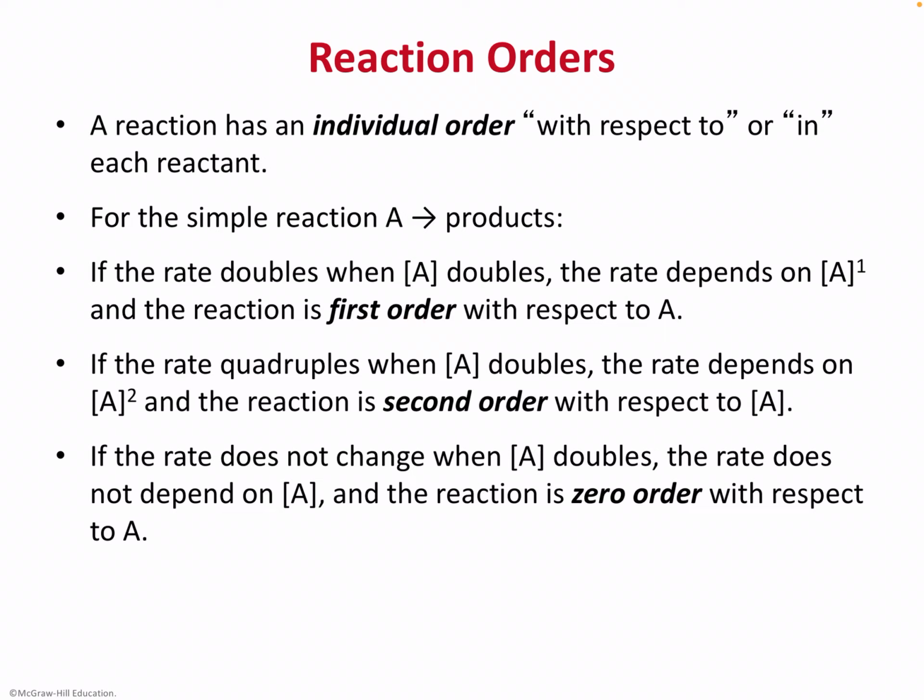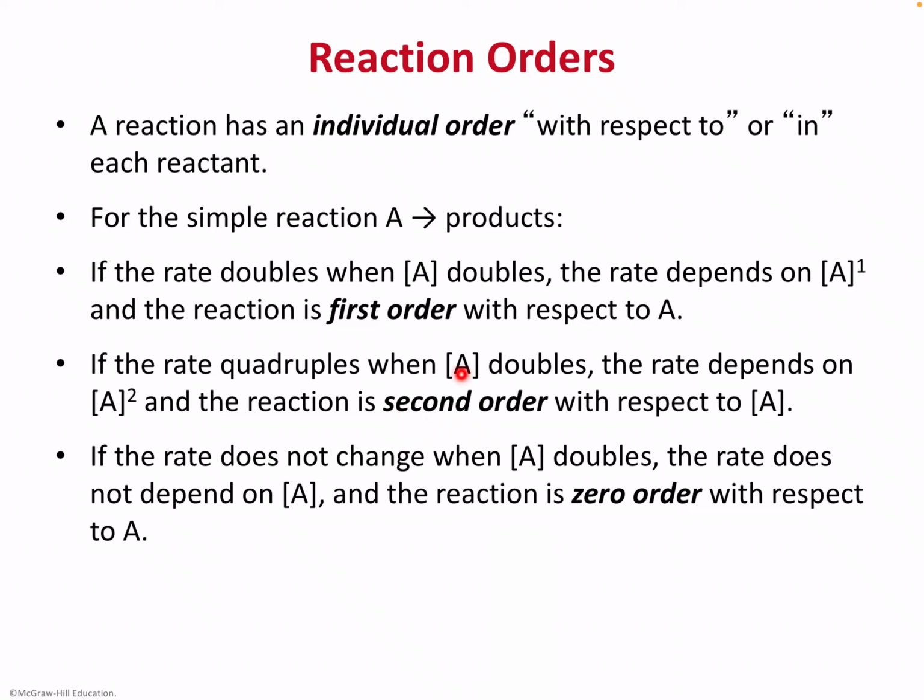Let me say it again. If the rate doubles when you double the concentration of A, we say it's first order with respect to A. If the rate quadruples, it increases 4 times when the concentration of A doubles, we say the rate depends on A raised to the power 2 and the reaction is second order with respect to A. Why do we call it second order?